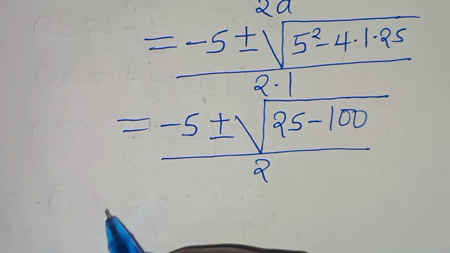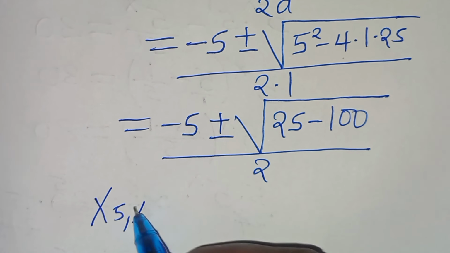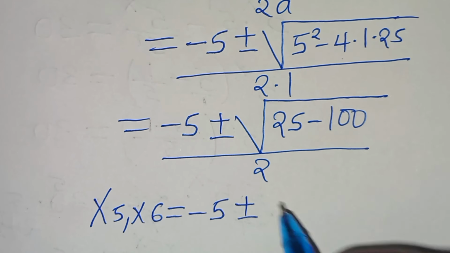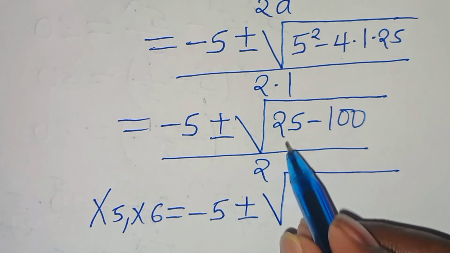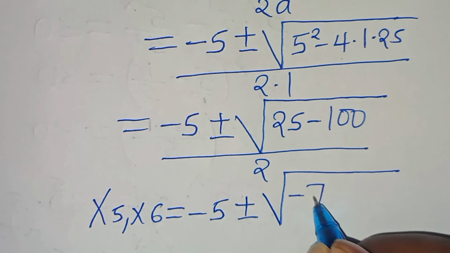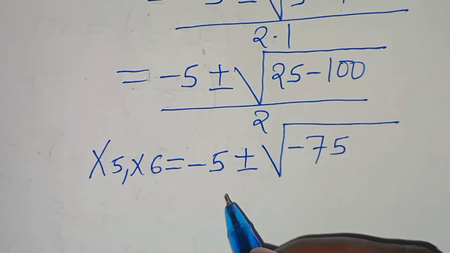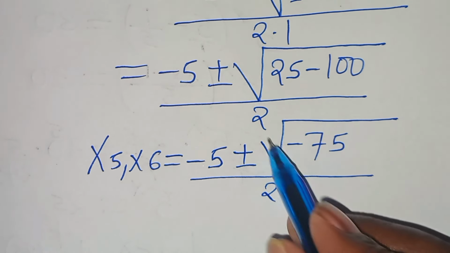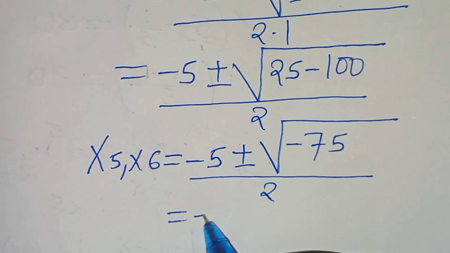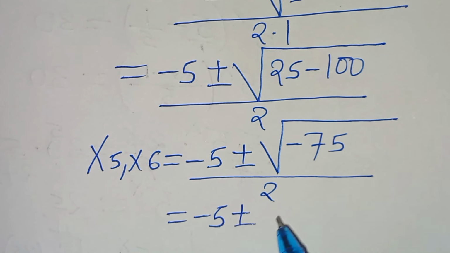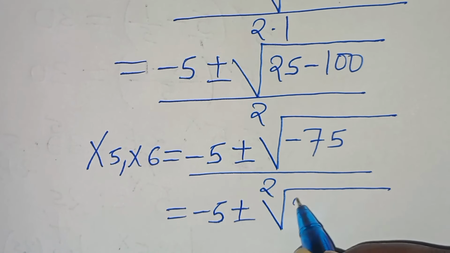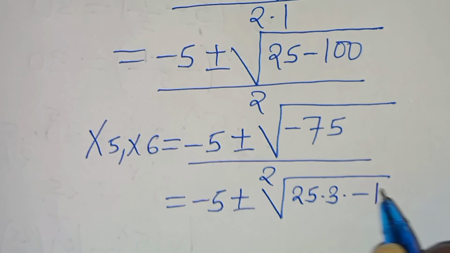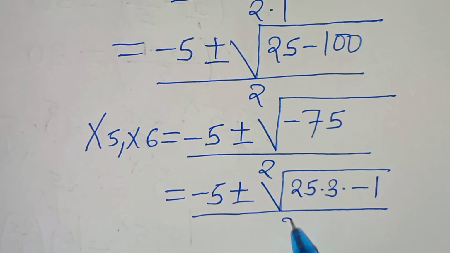So this again implies that x5, x6 is equal to minus 5 plus or minus the square root of 25 minus 100, this is minus 75, everything divided by 2. Then we can express the square root of minus 75 as the square root of 25 multiplied by 3 multiplied by minus 1, everything divided by 2.